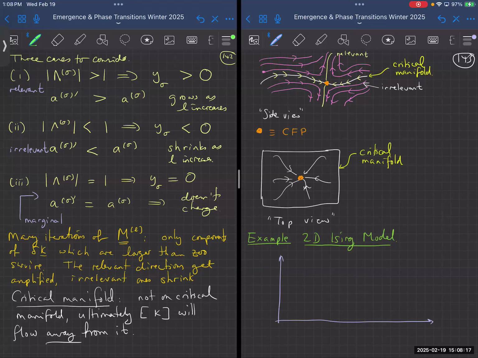So I'm just going to show you here K1, which is the nearest neighbor coupling, and K2, which is the next nearest neighbor coupling.